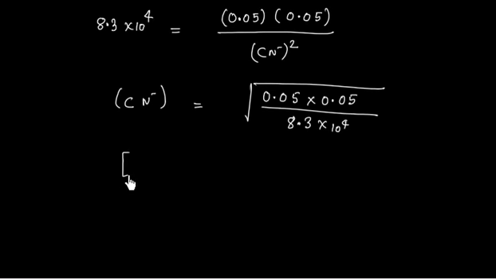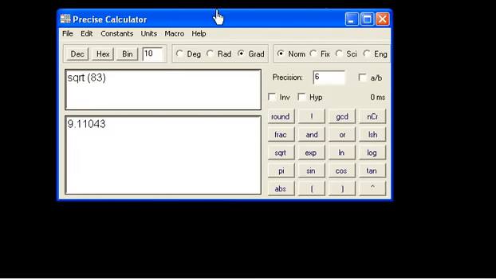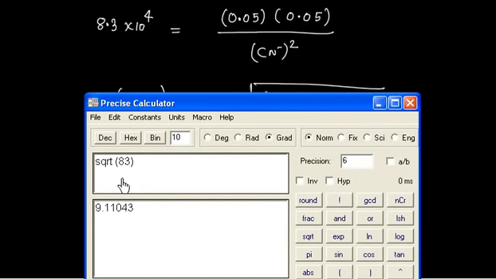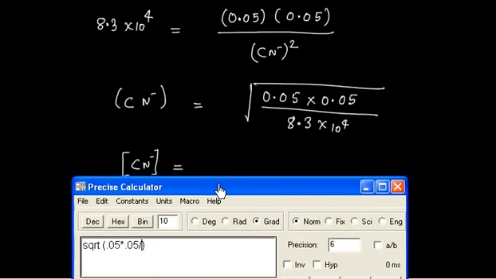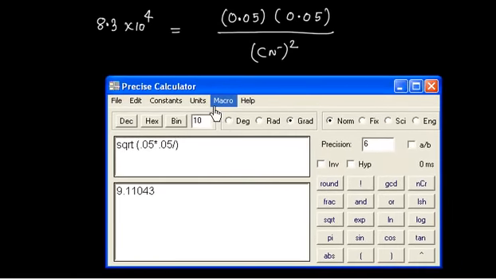So the concentration of CN- is equal to the square root of 0.05 into 0.05 divided by 8.3 into 10 to the power 4. This value is 1.73 into 10 to the power minus 4.